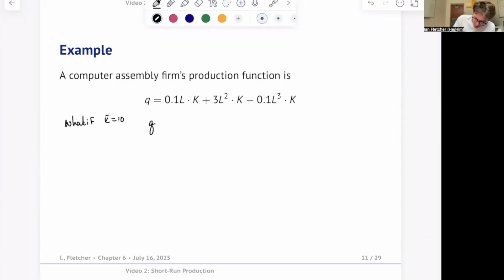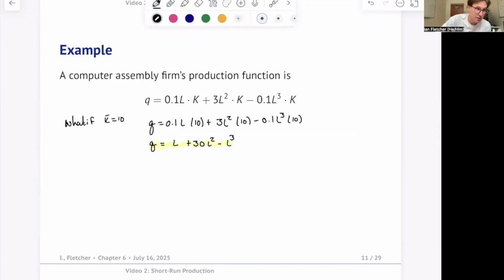Well, then our Q is going to look like 3L squared minus 0.1 L cubed, or L plus 30L squared minus L cubed. This would be our short run production function.